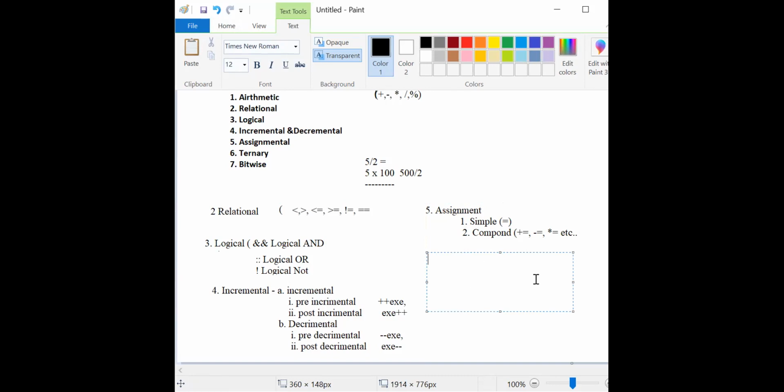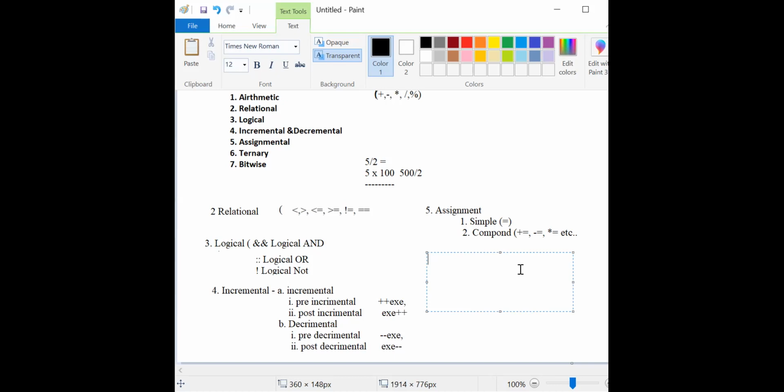Whenever you explain assignment operators, don't directly say equal to, plus equal to, minus equal to or multiplication equal to. Don't say it that way.